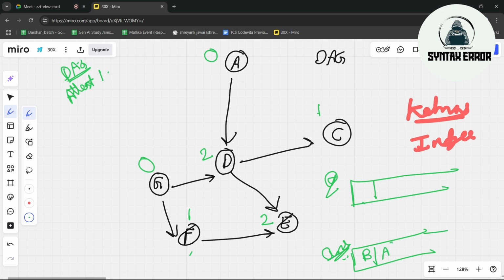First we add it to our answer, then we delete it from our graph. Again, we have to check the in-degrees of each vertex.